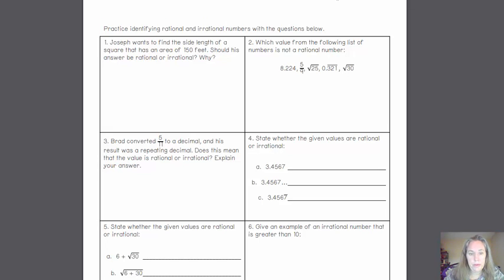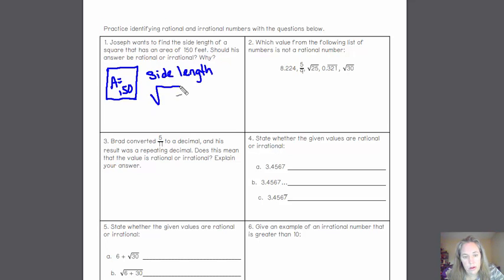Okay, Joseph wants to find the side length of a square that has an area of 150 feet. Should the answer be rational or irrational? Why? So if the area is 150, the side length is going to be square root of 150.